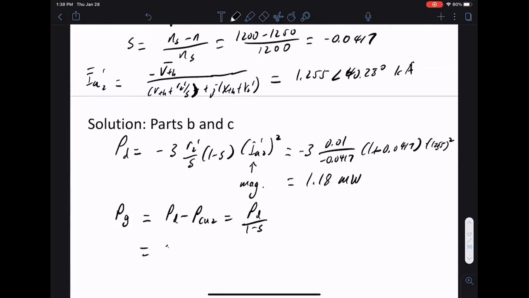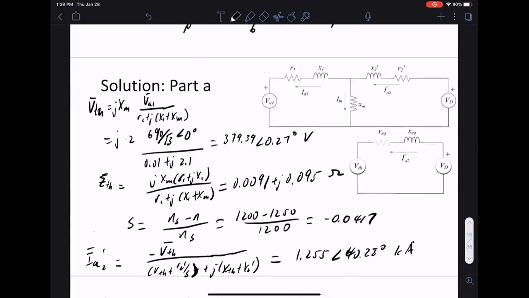So this is 2.8. If you do this, at the end of the day you get 1.132. So you can do other calculations to get power.